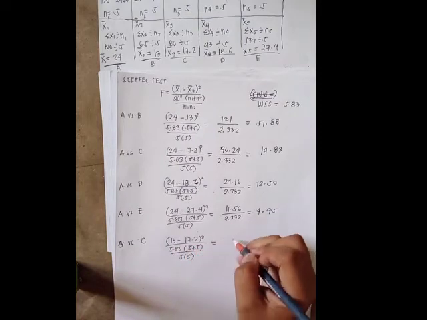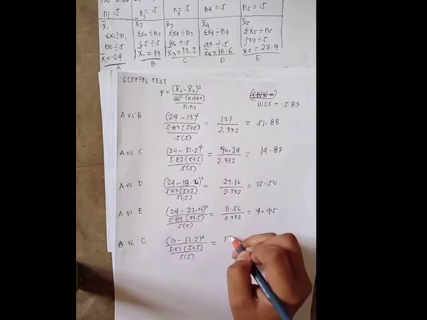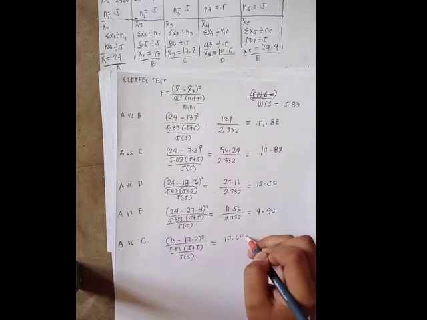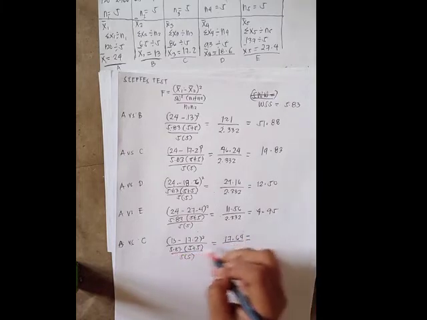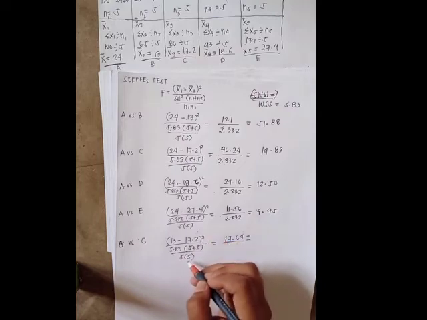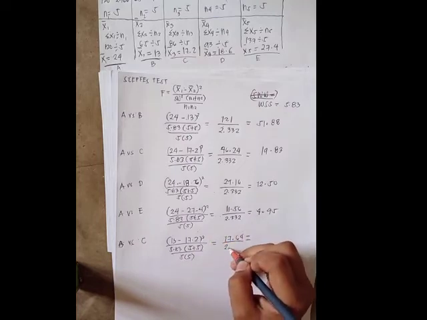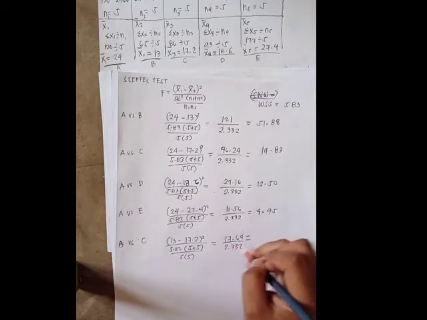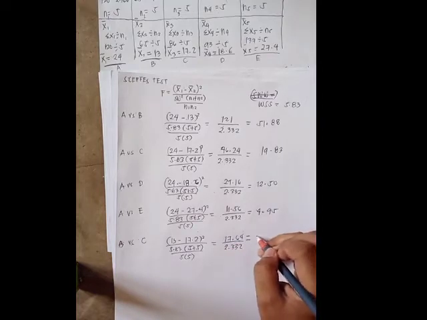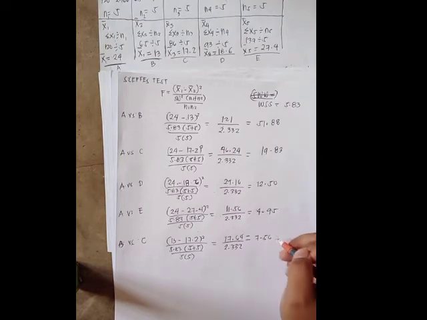So 13 minus 17.2 squared is 17.64. And 5.83 times 10 divided by 25 is 2.332. And 17.64 divided by 2.332 will be equal to 7.56.